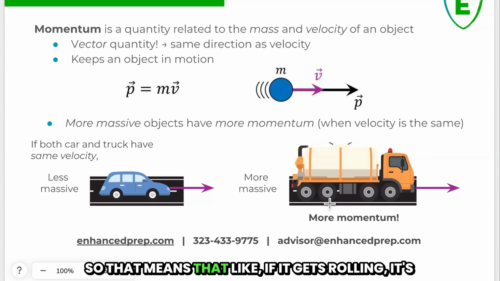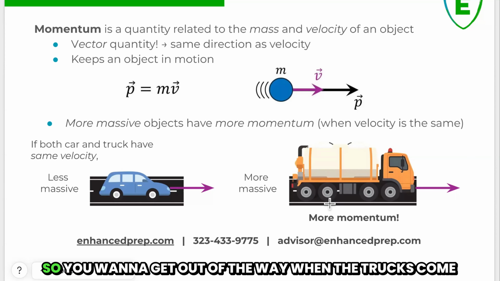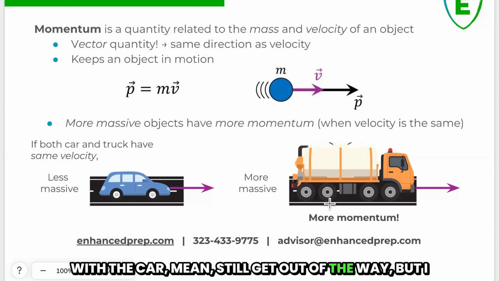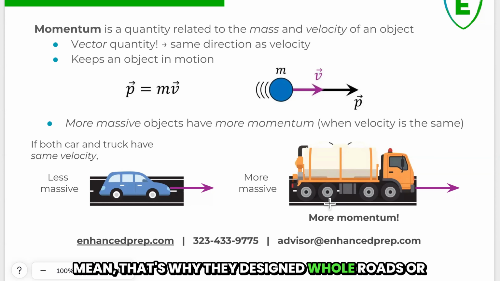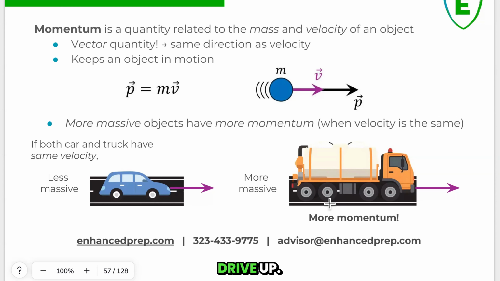That means if it gets rolling, it's going to be harder to stop than the car. So you want to get out of the way when the trucks come in. With the car, still get out of the way. But that's why they designed whole roads or sections along roads for runaway trucks to drive up.